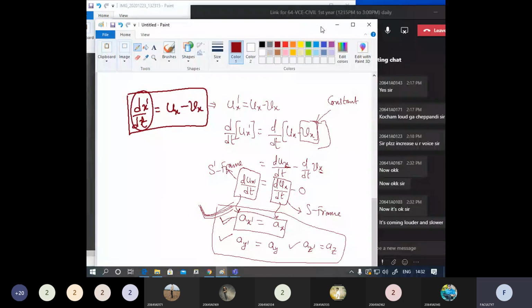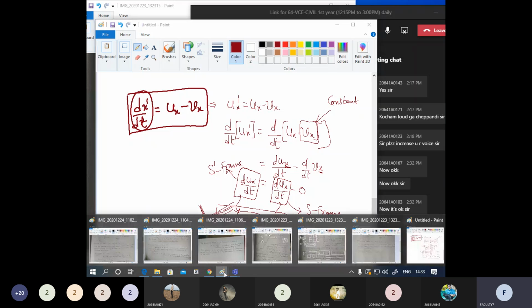I'm a bit slower as I'm projecting the points, for your convenience only. Now this is regarding the acceleration. Now we will continue the topic. This was the previous conclusion. Now let us see the remaining part today.